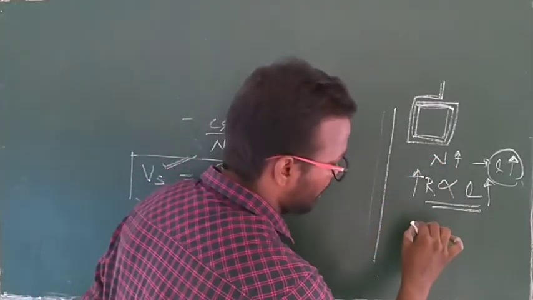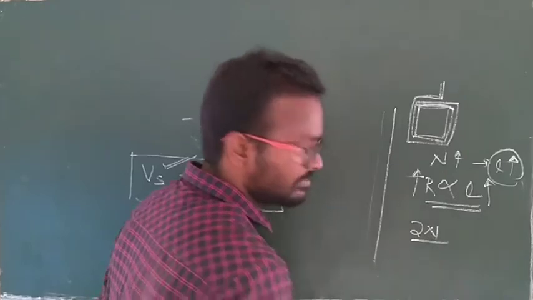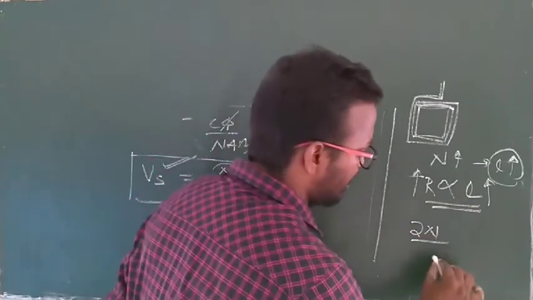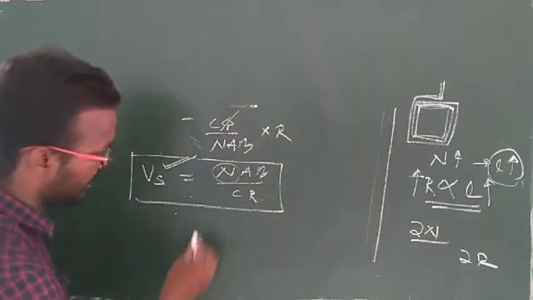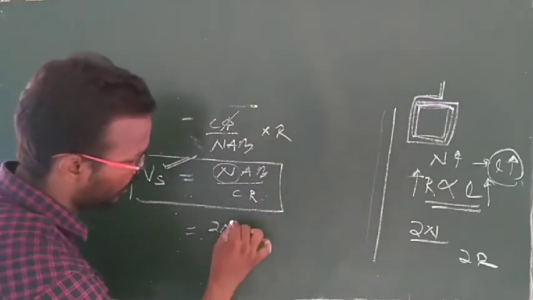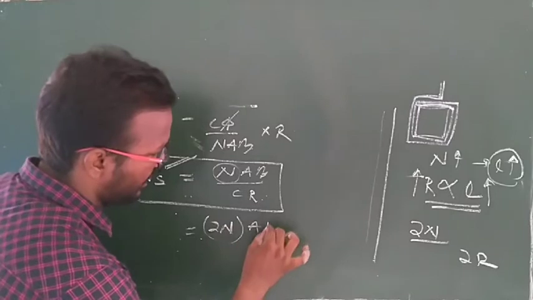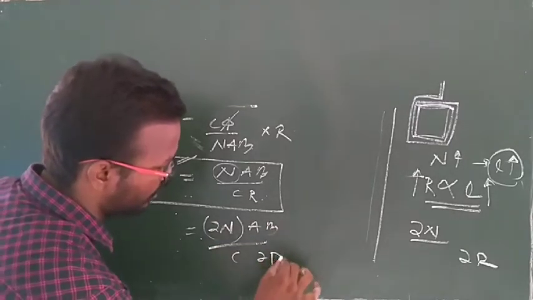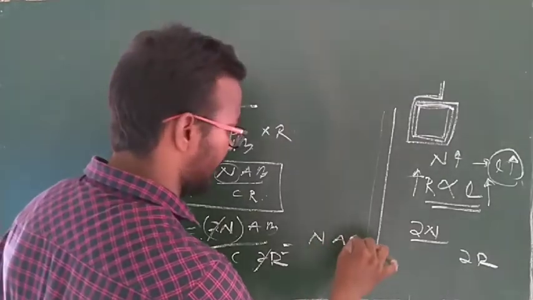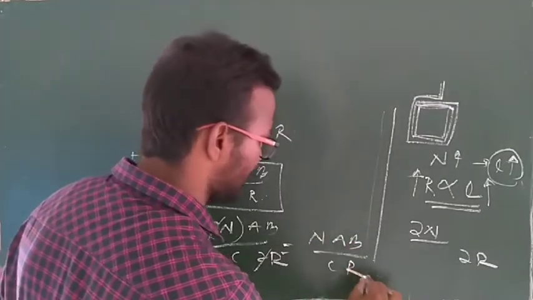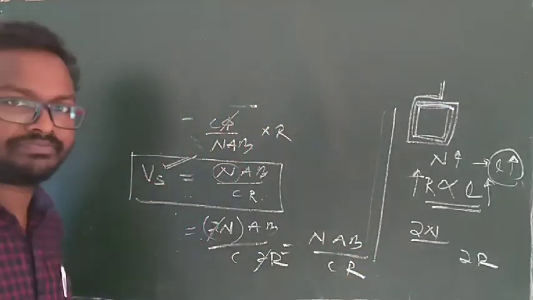Suppose the number of turns increases to 2N, then the resistance of the coil also increases to 2R. So if we use it here, that is 2N A into B divided by C into 2R. The 2 cancels, then NAB by C into R. This is an important short question.